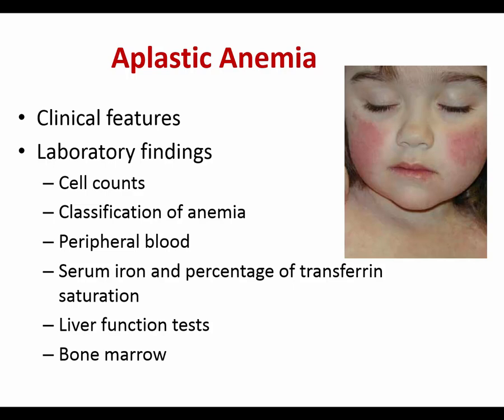Some people allow it to grow bigger and become dominant. I want you guys, for now, to allow that to become dominant. What would you expect the serum iron levels and the transferrin saturation to be in aplastic anemia? Think about it. This is the purpose. And when you are feeling comfortable, I want you to raise your hand and tell me.